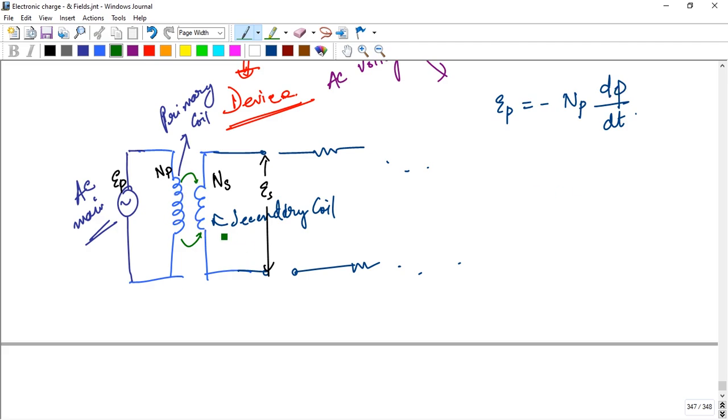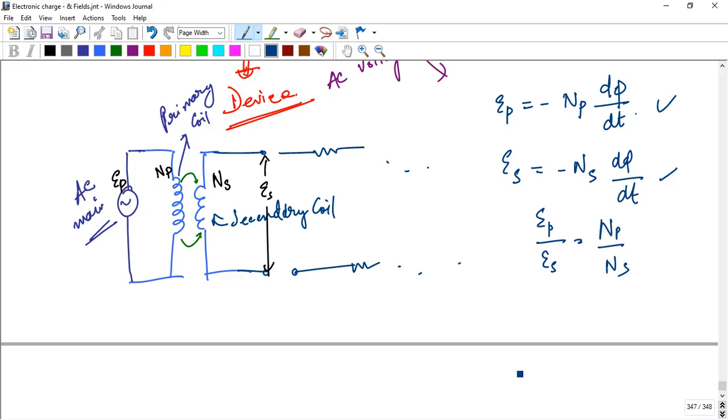But here, with a simple assumption, we consider all the flux in the primary passes through the secondary. So EMF of secondary is NS d phi by dt from Faraday's law. These two are the same, so EMF P by EMF S, primary by secondary, is NP by NS.